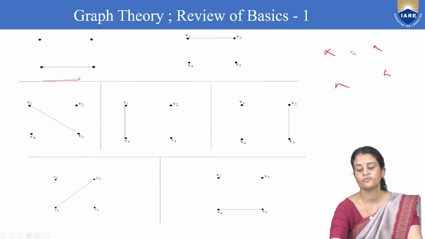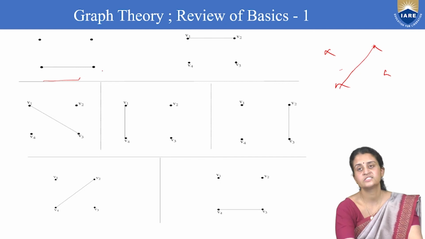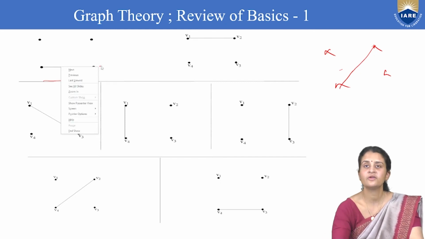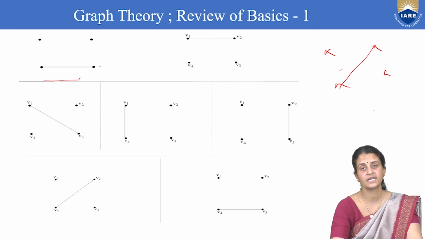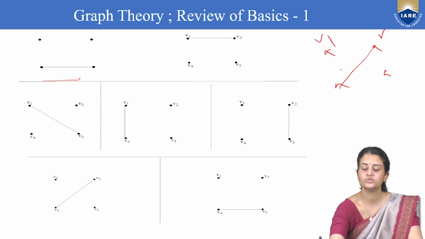So it is a graph with 4 vertices and 1 edge. The same thing is here. But when labels are assigned, it has different representations, that is, if you put the labels V1, V2, V3 and V4.